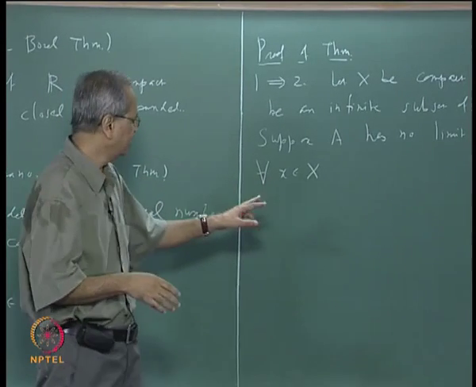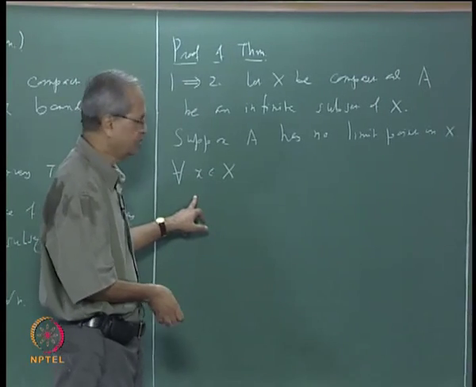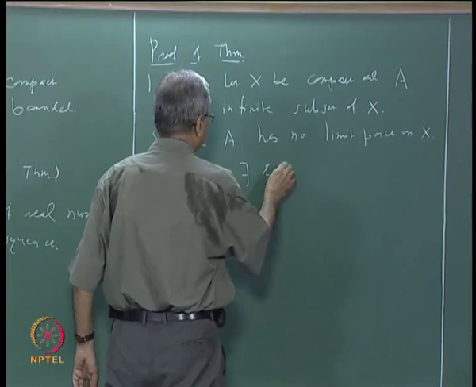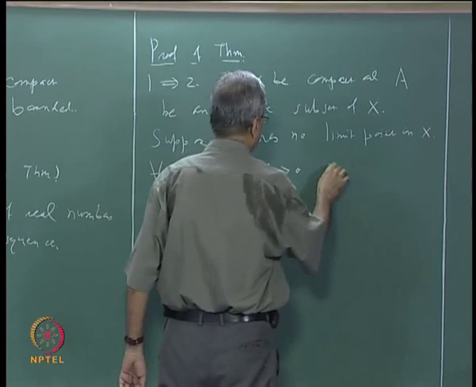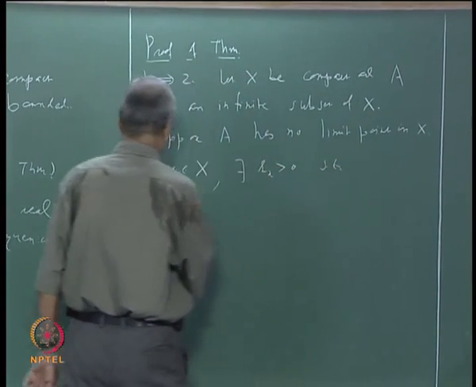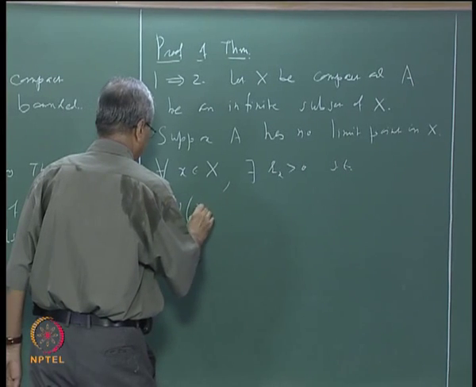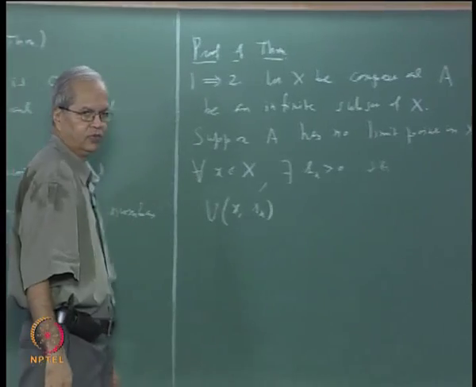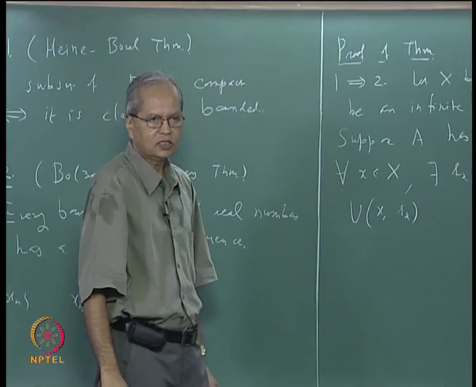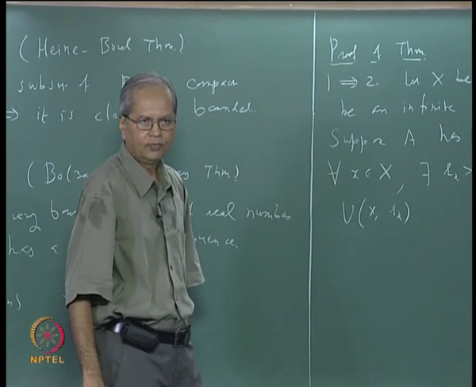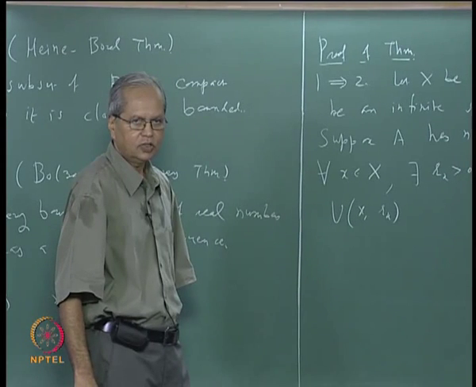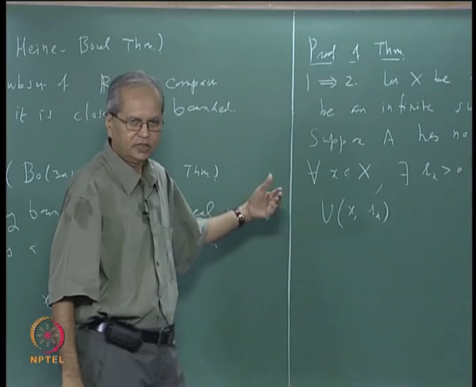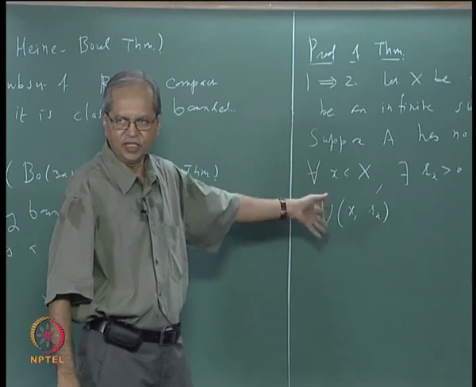So I shall denote that by r suffix x: for x in X there exists r suffix x bigger than 0, such that the open ball with center at x and radius r suffix x does not contain any point of A other than x itself in case x belongs to A.